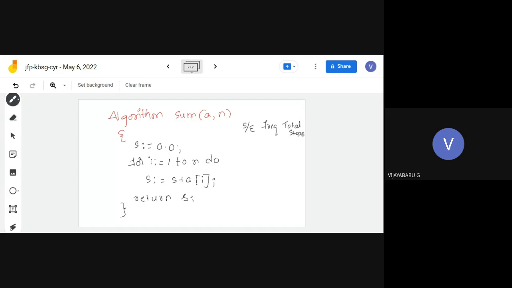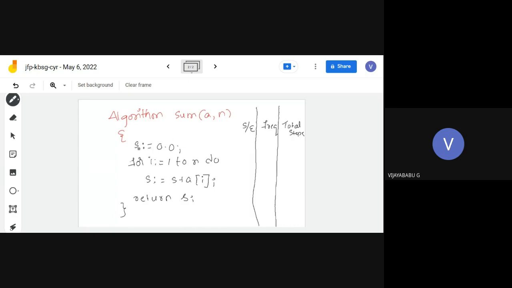So these are the three columns we need to consider: steps for execution, frequency, and total steps.